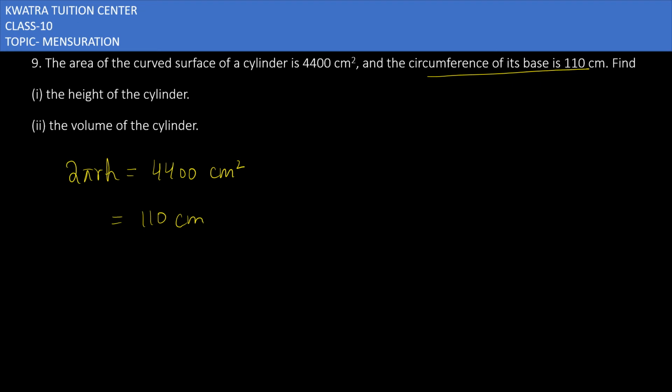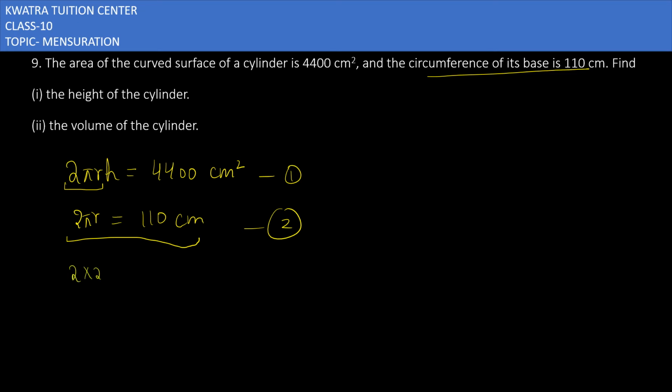ठीक है, अगर हम इन दोनों का रिलेशन देखें तो we can find the height बहुत आसानी से, because 2 pi r can be replaced as 110 in the first equation. Let it be first equation. So I can put 2 pi r as 110, or what you can do is you can find the r from the second equation because that is required. देखते हैं पहले r ही find out कर लेते हैं.